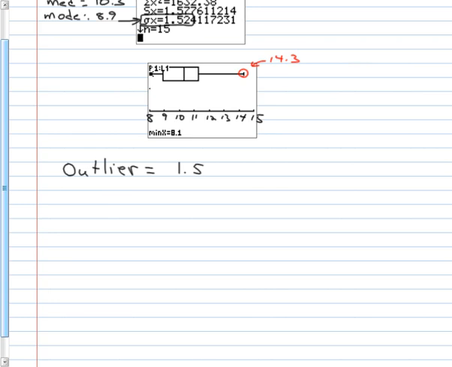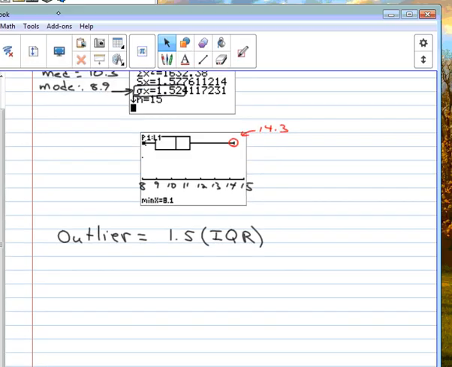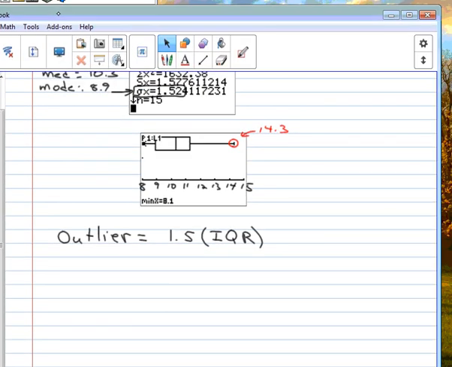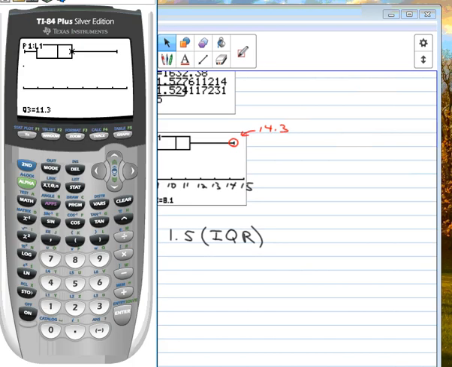If it's greater than 1.5 times the interquartile range, it's going to tell us if we have an outlier or not. So our interquartile range is between quartile 3, that's 11.3, and quartile 1, 8.9.